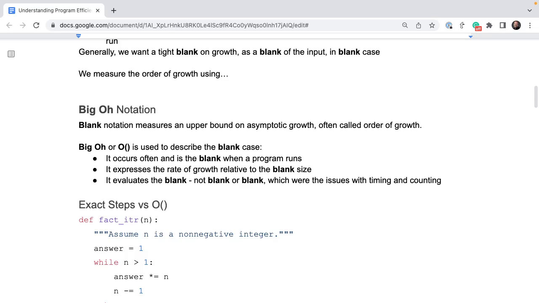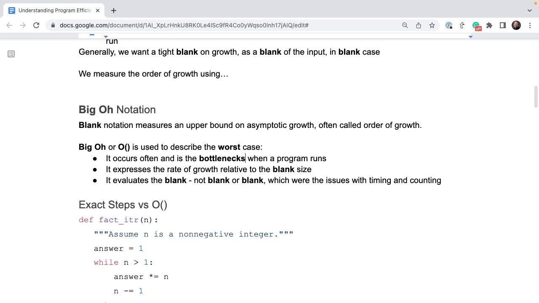So big O is used to describe what kind of case are we looking at? Not the best, but the worst. So big O is used to describe the worst case situation. It often occurs, and it is the reason for bottlenecks.